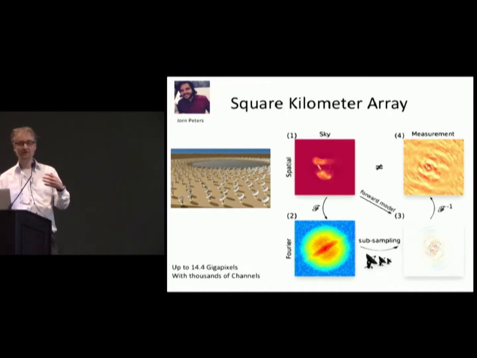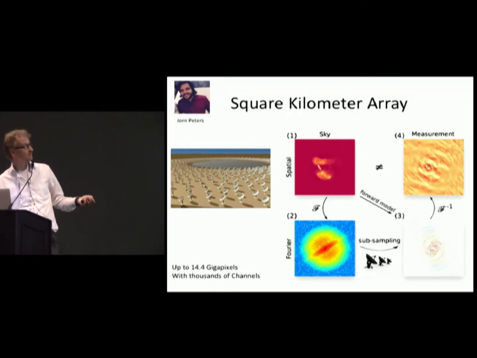All of these antennas together form one massive antenna by correlating all the measurements. Basically every pair of antennas forms the basis of a measurement of a Fourier coefficient, where the coefficient frequency depends on the distance, and the orientation depends on the orientation of the two original antennas.